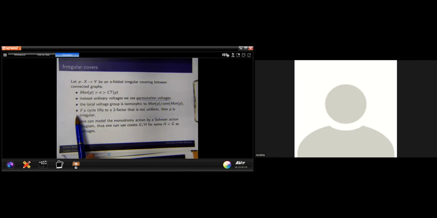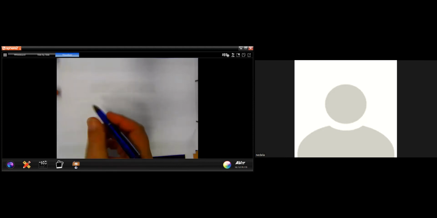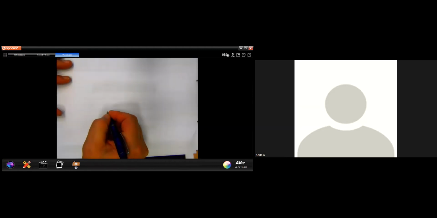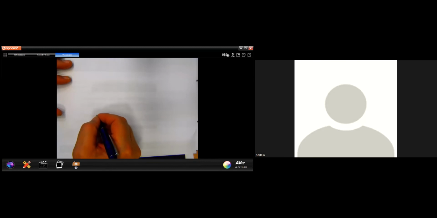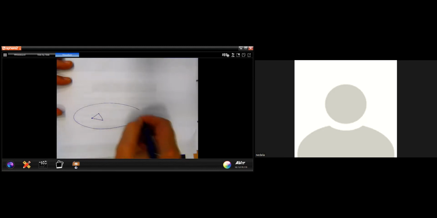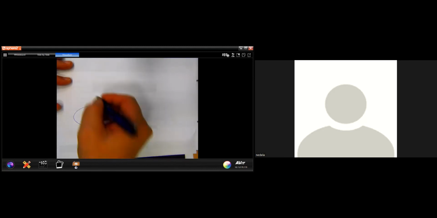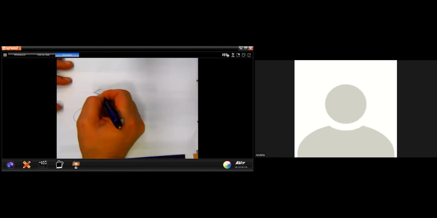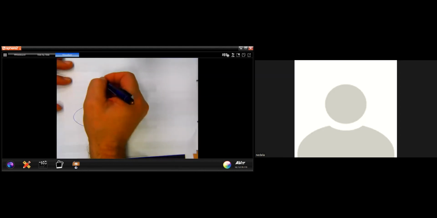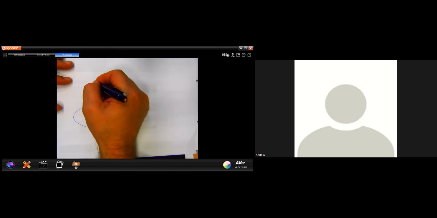Well, sometimes it is easy to recognize that the covering is irregular. For instance, suppose we have a graph and we find a triangle here. And suppose over the triangle there is a triangle and there is a hexagon.